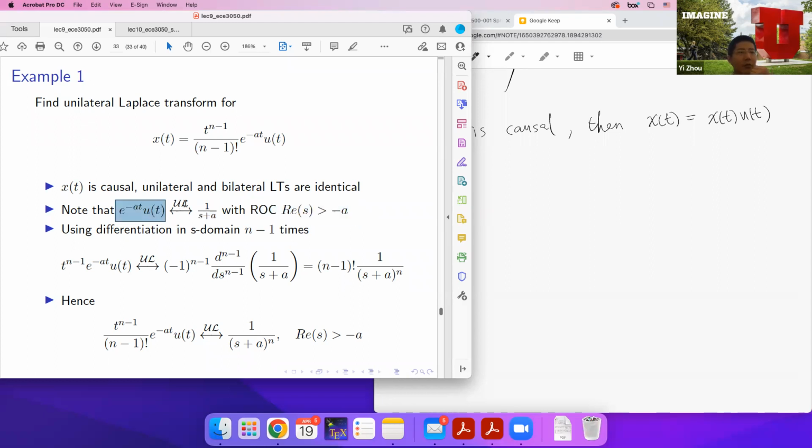The unilateral transform, denoted by UL, is essentially the L of this signal. From the previous discussion, the Laplace transform of this signal equals this one, and the region of convergence is to the right of negative a.